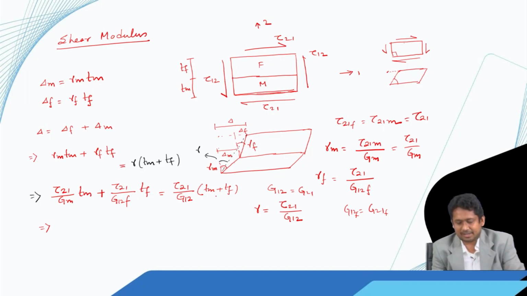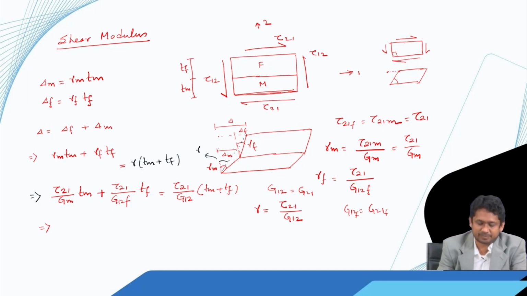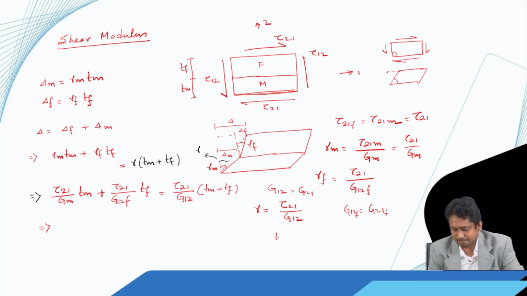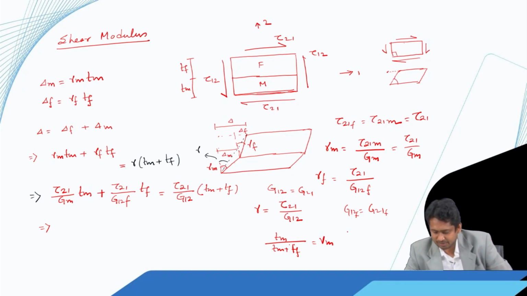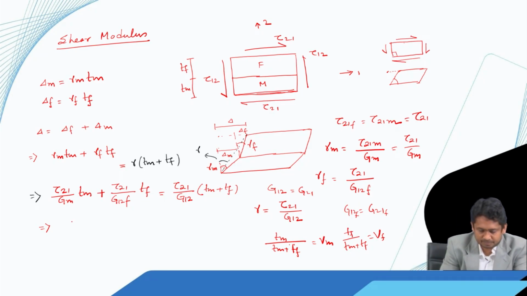Now, again we can take this Tm plus Tf in the denominator here, and then we again get the same ratios, Tm divided by Tm plus Tf, and that gives us Vm, and again we have that quantity Tf divided by Tm plus Tf, and that gives us Vf, and tau 21 is same in all the terms.